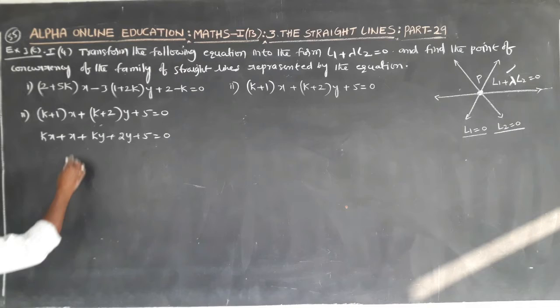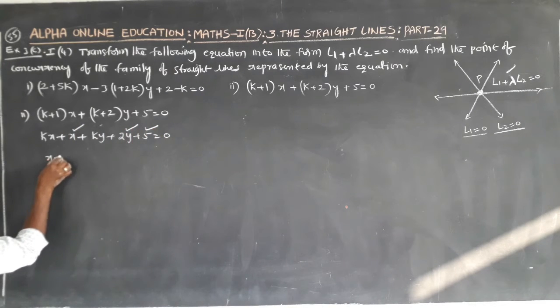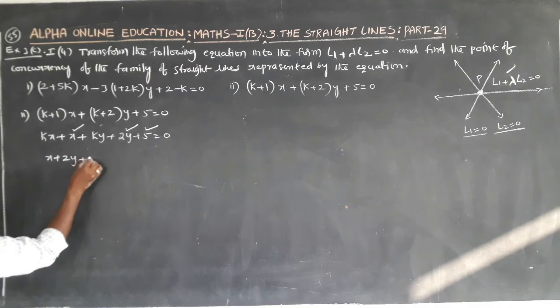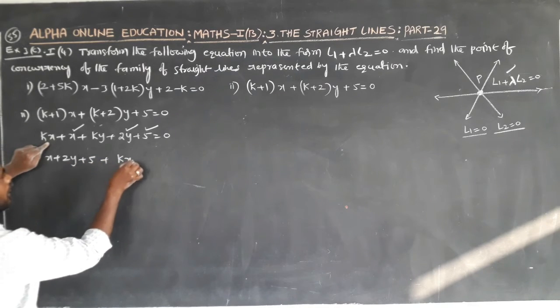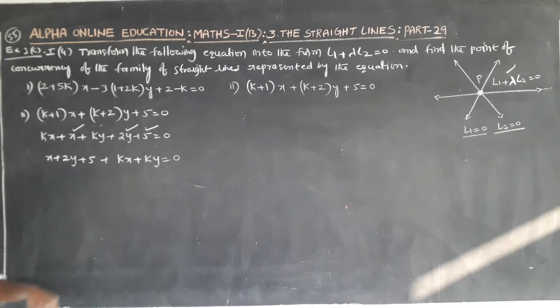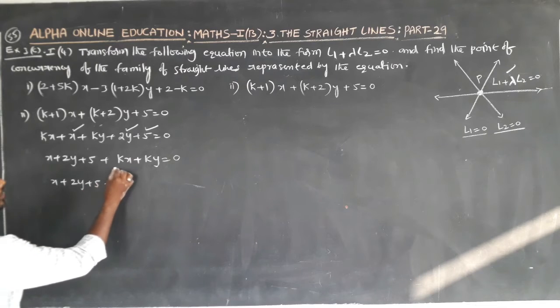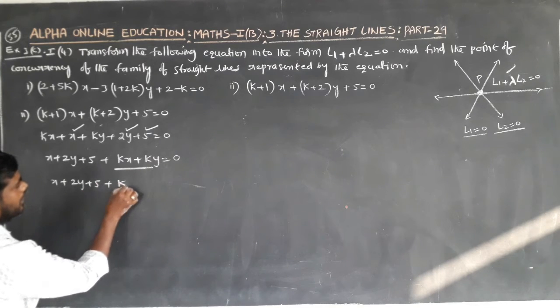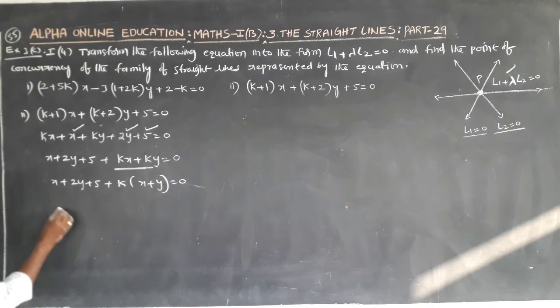Write the x term, y term, constant term: x plus 2y plus 5. Again the k terms: kx plus ky. Taking k common: k into x plus y.